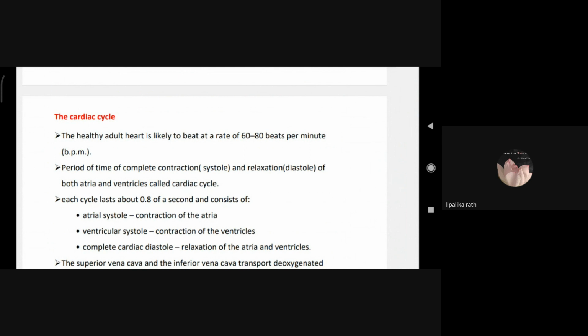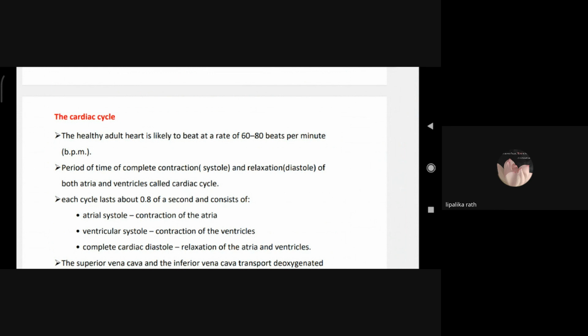So each cycle lasts about 0.8 of a second and consists of atrial systole, contraction of atria, and ventricular systole, contraction of ventricles, and complete cardiac diastole, relaxation of atria and ventricles.